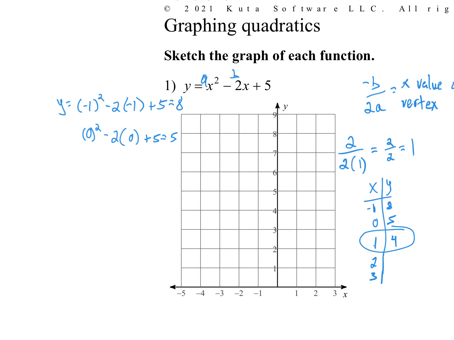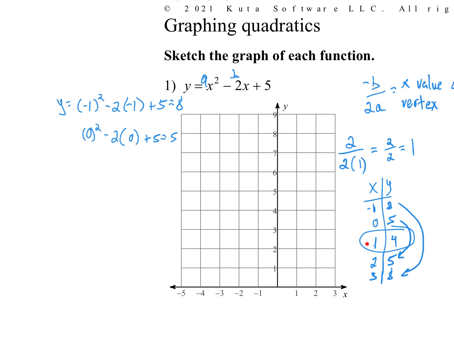Now you can type in the 2 and the 3, but what you will find is that these are just a reflection. So the 5 will go down there, and then the 8 will go to the last one. The middle pair are always going to be the same, and the outside pairs are always going to be the same. I know that's true because I know that this 1, 4 in the middle here is the vertex.